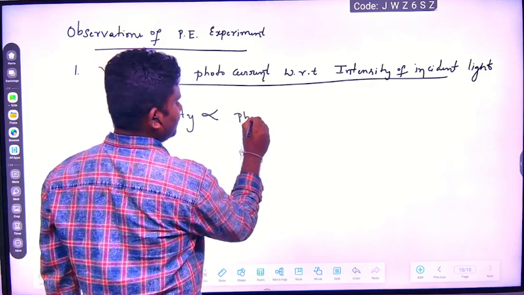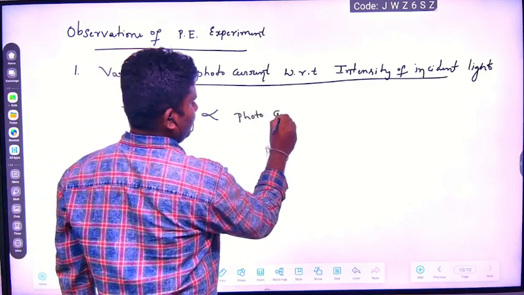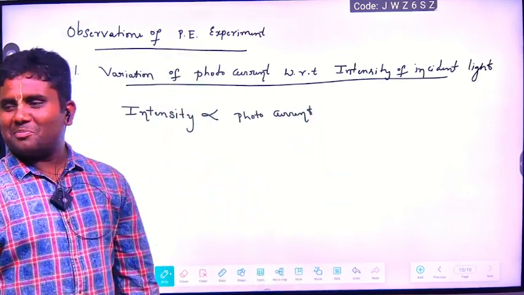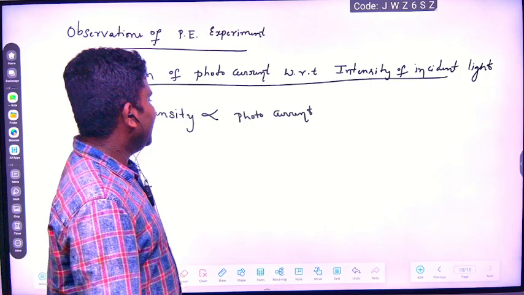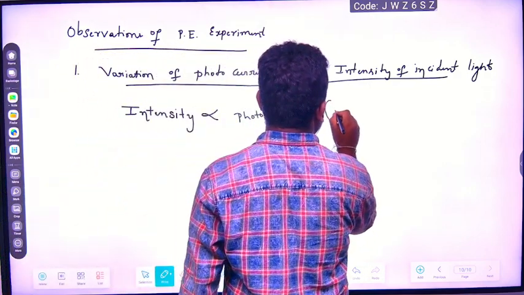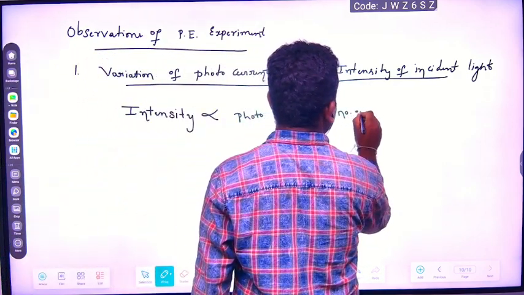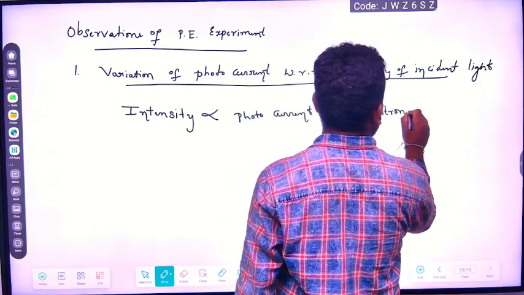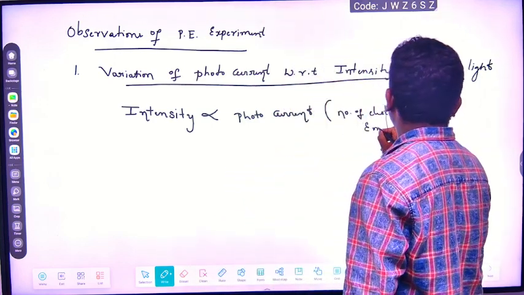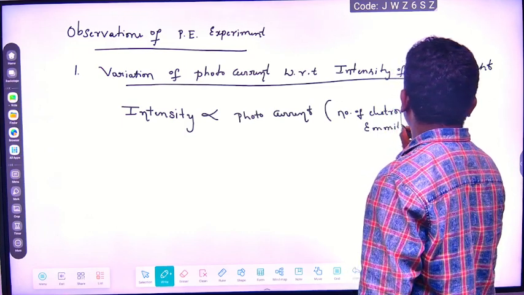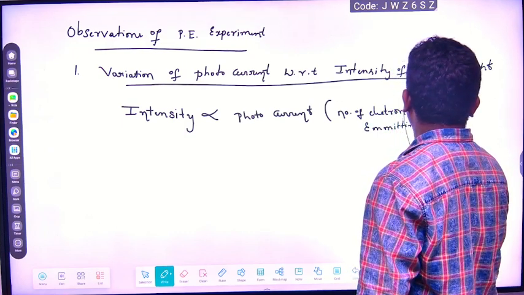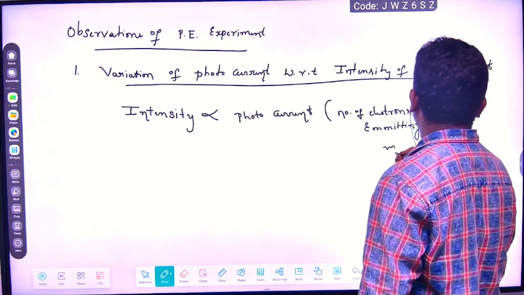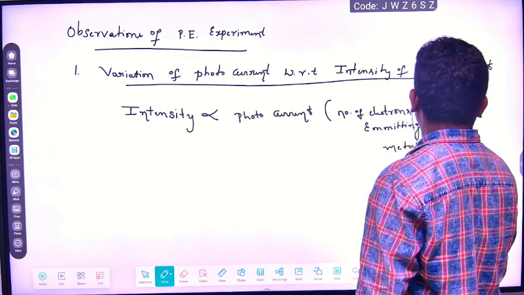Photocurrent. Understood? Intensity is directly proportional to photocurrent because intensity is directly proportional to the number of electrons emitting from the metal surface.